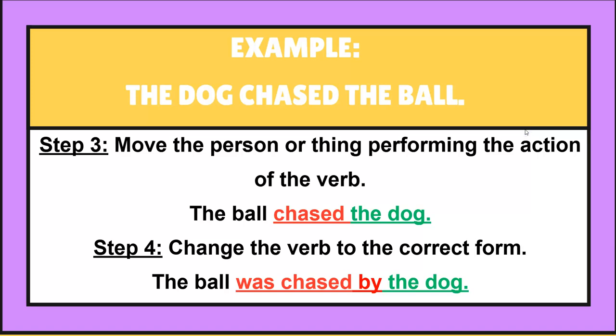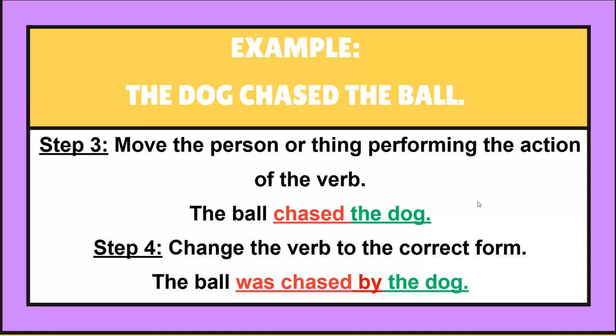Step number 3, if we want to rewrite this sentence from active voice to passive voice, we need to move the person or thing performing the action of the verb. We decided that the person or thing that was performing the action was the dog. It was at the beginning of the sentence, but we need to move it to the end of the sentence. So instead of having the dog chase the ball, we're going to rearrange so that it says "the ball chased the dog."